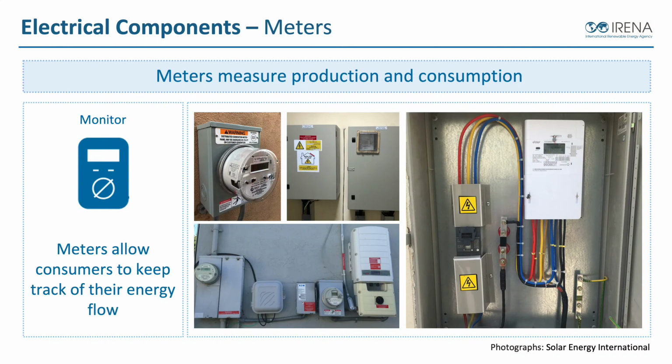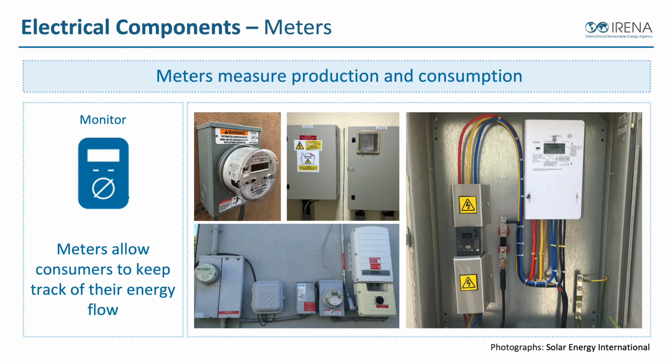Now, other than generating electricity, we also need to measure electricity. So we see different types of electrical meters that come in different shapes and sizes. A lot of times what we're going to look to measure is production of energy, like from our solar array, and consumption of energy, like in our homes or businesses.